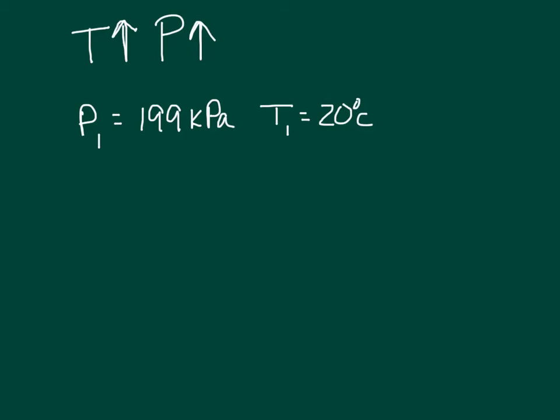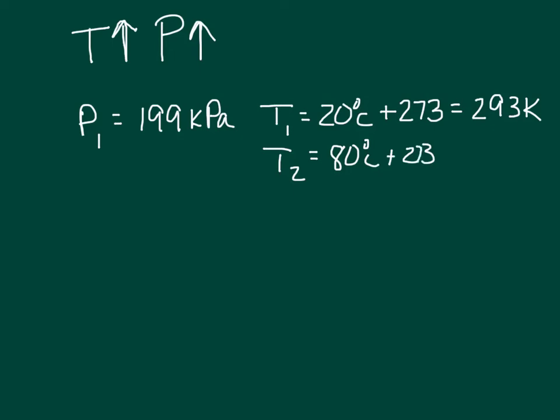You can convert it back to degrees Celsius at the end of the problem if they were looking for temperature. But you have to do all of your calculations in Kelvin. So we would get 293 Kelvin for our initial temperature. The temperature rises to 80 degrees Celsius. So temperature 2, 80 degrees Celsius plus 273. You'll get 353 Kelvin for that.